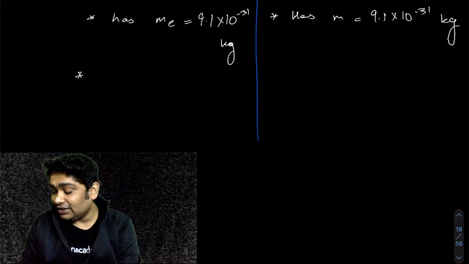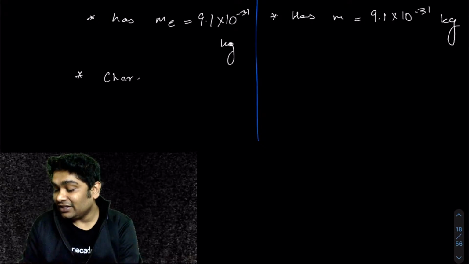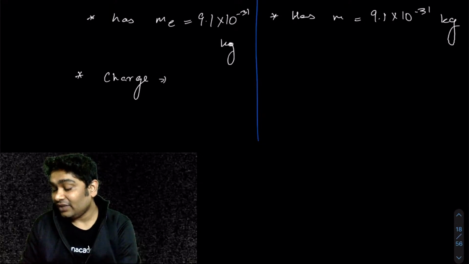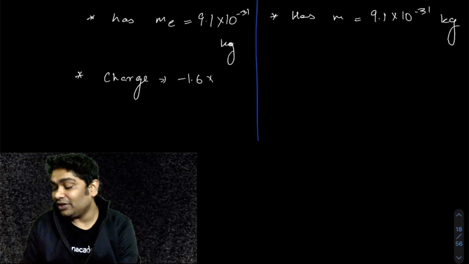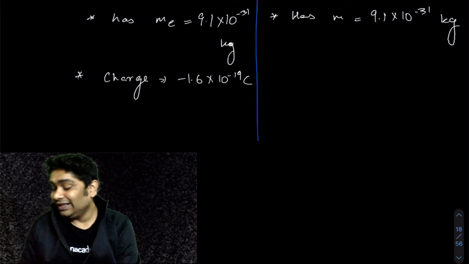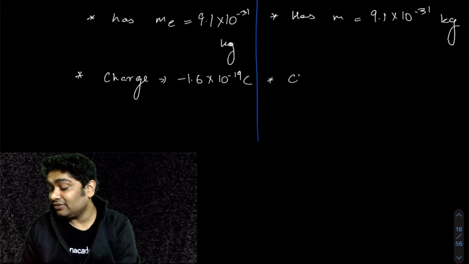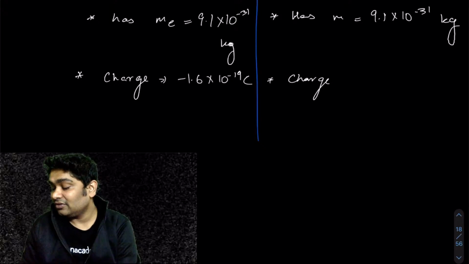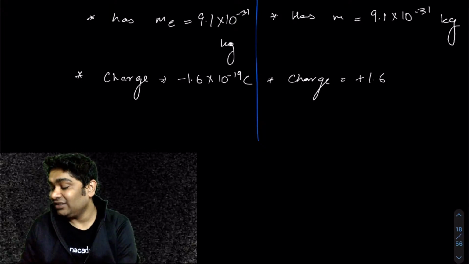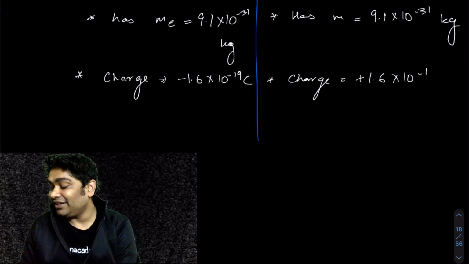Then charge. The charge of the electron is minus 1.6 × 10^-19 coulomb, and the charge of the positron is plus 1.6 × 10^-19 coulomb.